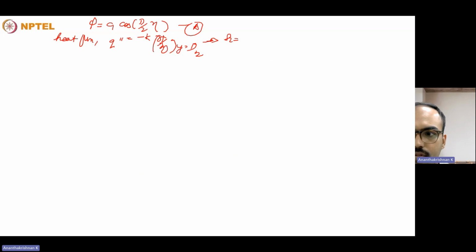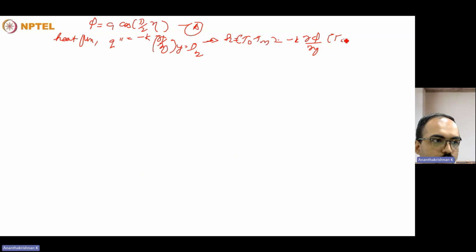So this heat flux is internal one. So this can be written as H into T0 minus Tm is equal to minus K into dou phi by dou Y into T0 minus Tm.